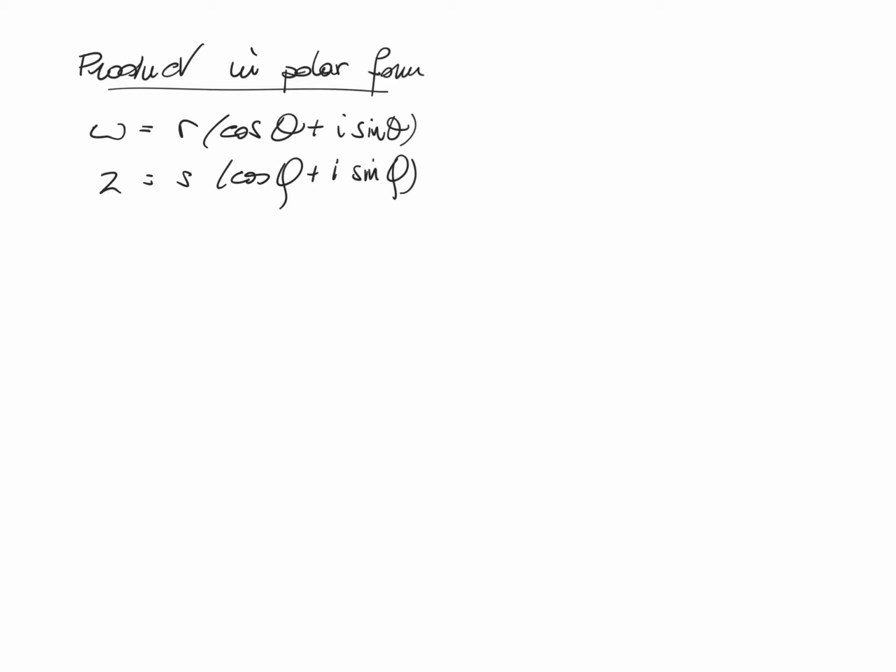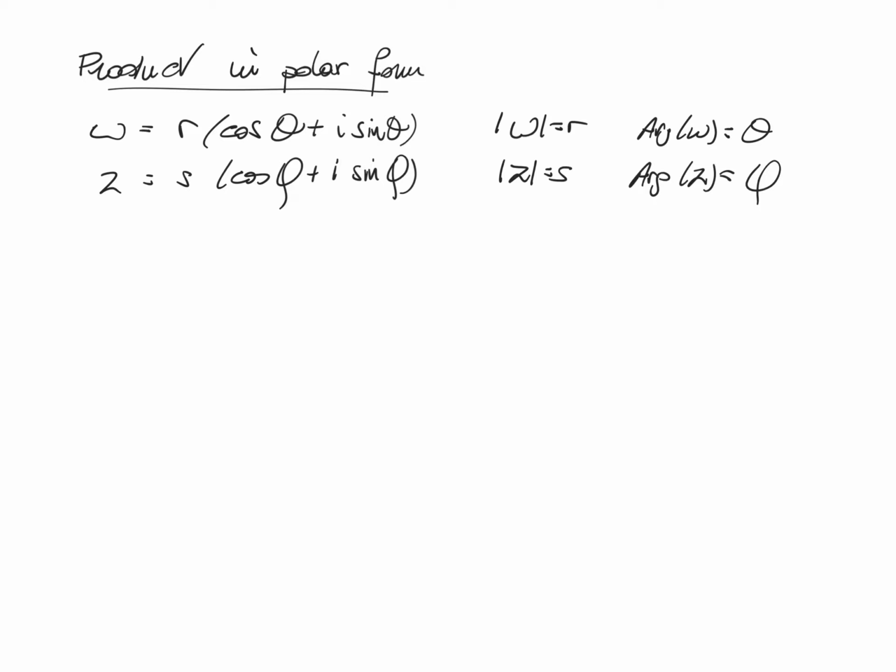So we know then that the modulus of w is equal to r. The argument of w is the angle theta, and the same for z. The modulus of z is s. The argument of z is the angle phi.